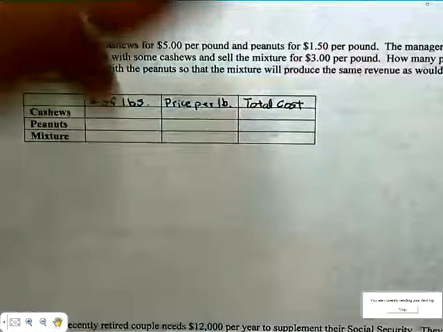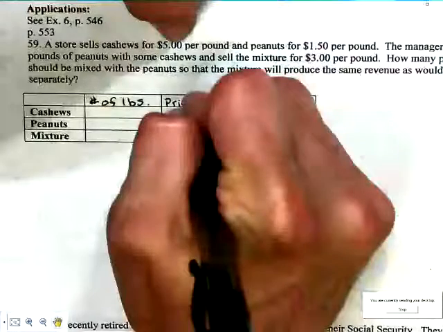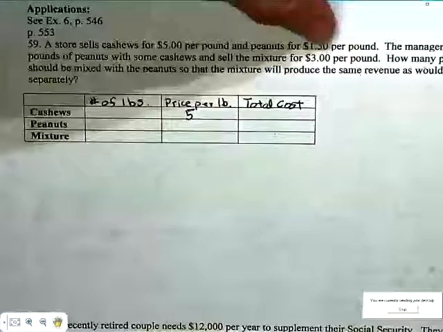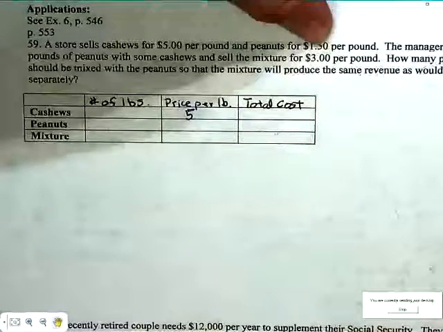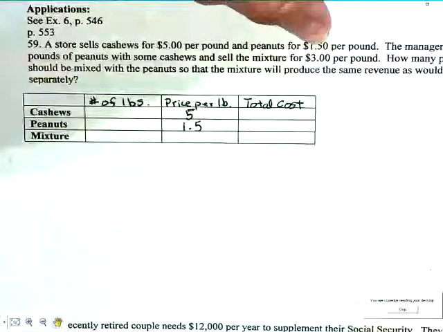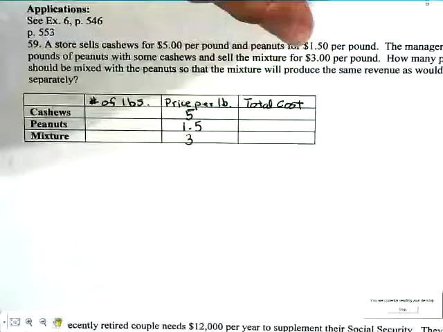The cashews sell for $5 a pound, so put it in that box, price per pound of the cashews. The peanuts sell for $1.50 per pound, so put it in that box. The mixture is going to sell for $3 a pound, so put it in that box.